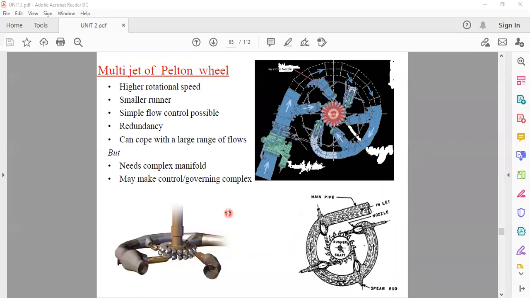Multi-jet pattern wheel: higher rotational speed, smaller runner, simple flow control possible, redundancy, can cope with a large range of flow, but needs a complex method, may make governing complex.